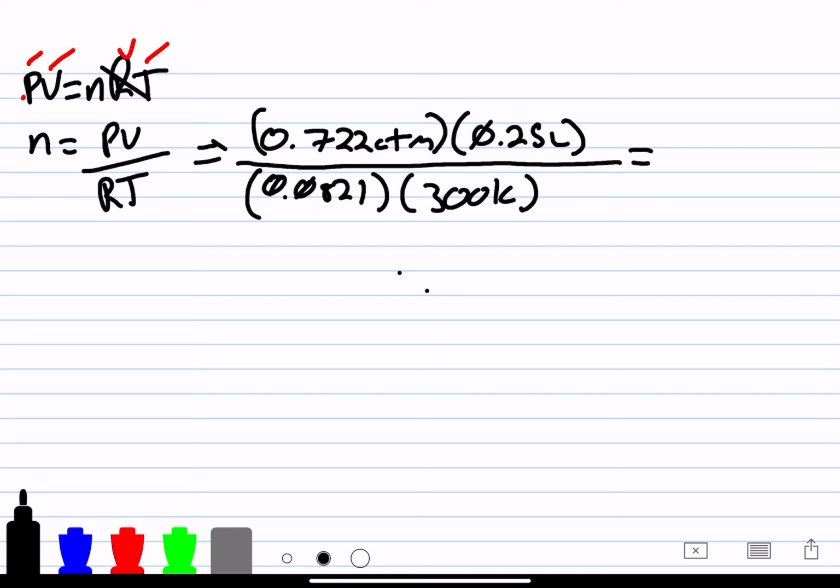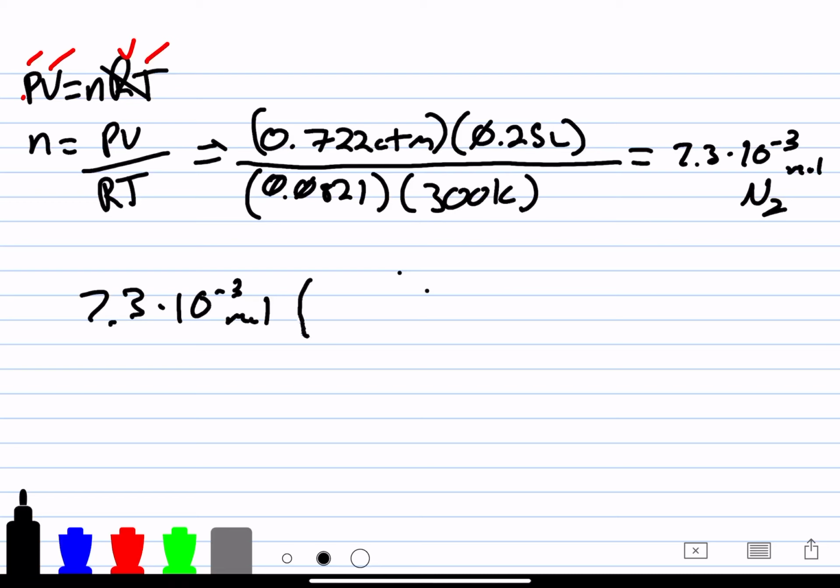That turns out to be 7.3 times 10 to the negative third, and that is going to be moles of N2. So now that we have the moles of N2, we can find the grams easy enough. So 7.3 times 10 to the negative third moles of N2. 1 mole is equal to 28.02 grams.